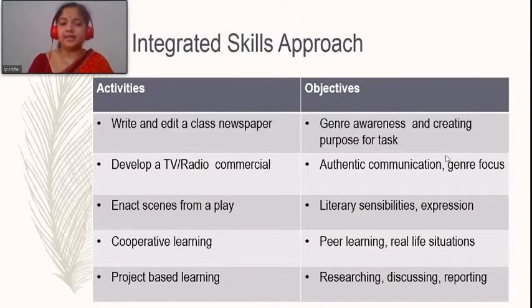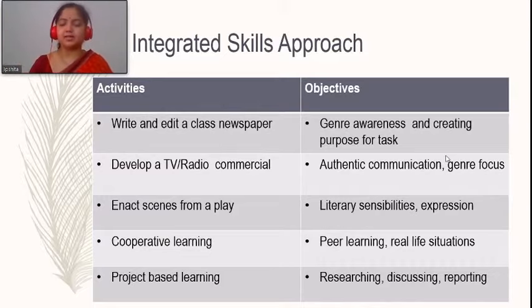Now, these are some activities. Let us come up with a class newspaper, and as we make small teams, one team will write articles, one team will edit the articles, one team will come together, put it in a chart paper and create these write-ups and put it up in the class.